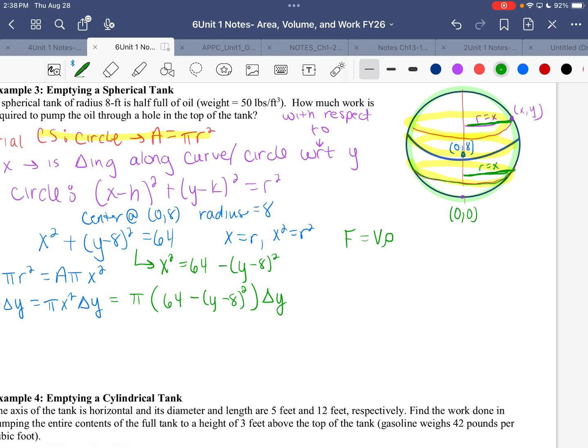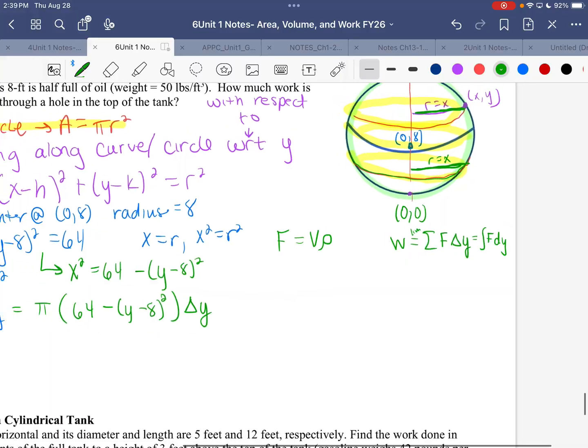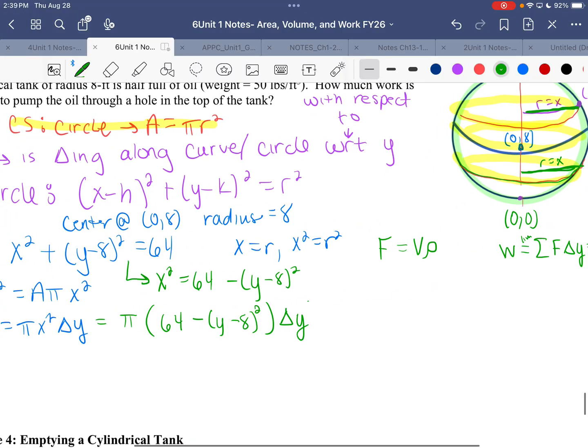And when we integrate it, we're going to be adding up. Our work is going to be taking the sum of all those forces, which is going to become times change in y. So when we go from a sum to an integral, what does the change in y change to? dy. So anywhere you see a delta y is eventually going to become a dy. It's just changing from adding up notation, delta y, to a dy integral notation.